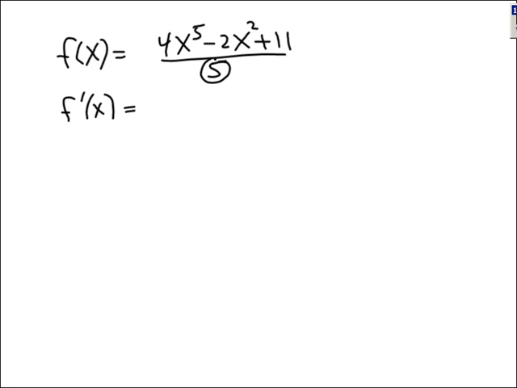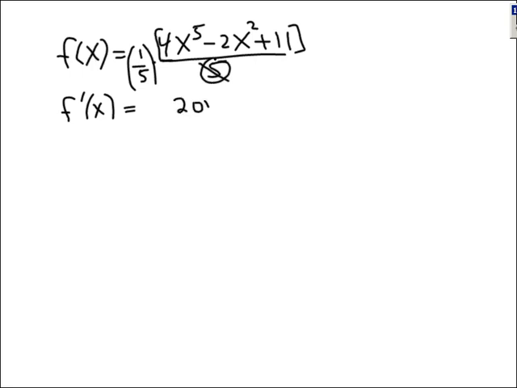Remember, dividing by 5 is the same as multiplying by a 5th. So you have a constant times a function. The answer will be the constant times the derivative of the function.